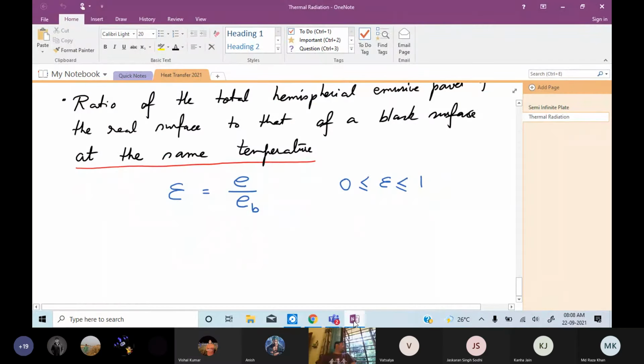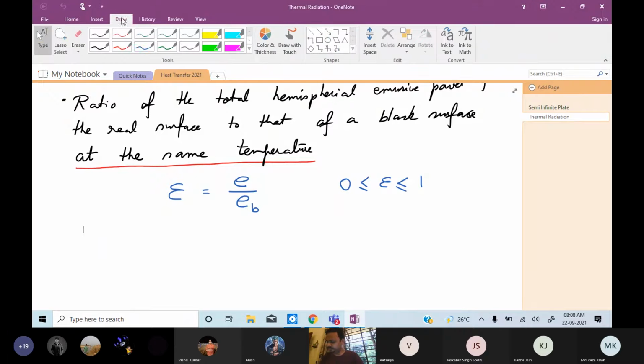So let me get started with sharing the screen and continue from where we left off. Let us now define the third term.